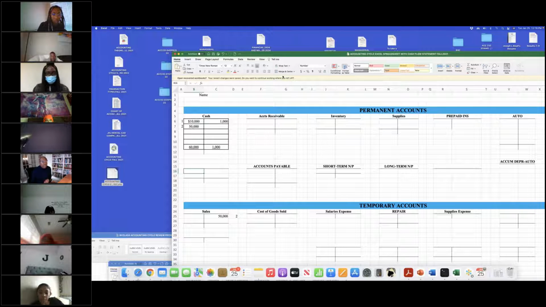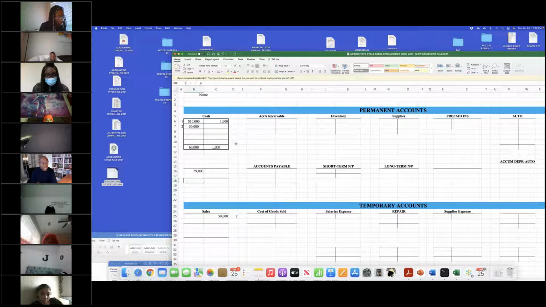Then we open the parentheses and click on that sum. We put a minus sign in, click on this account, and close the parentheses. So now you see, this is why we use Excel. It's going to come up with this for us.